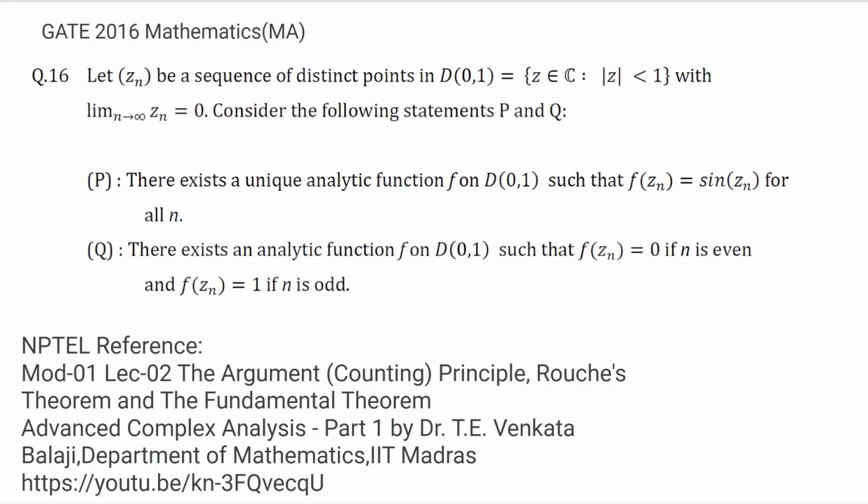Consider the following statements P and Q. Statement P: there exists a unique analytic function f on D(0,1) such that f(Zn) = sin Zn for all n. Statement Q: there exists an analytic function f on D(0,1) such that f(Zn) = 0 if n is even and f(Zn) = 1 if n is odd.